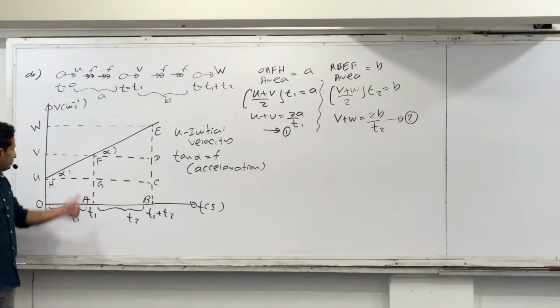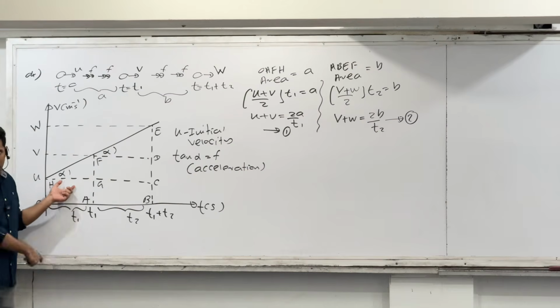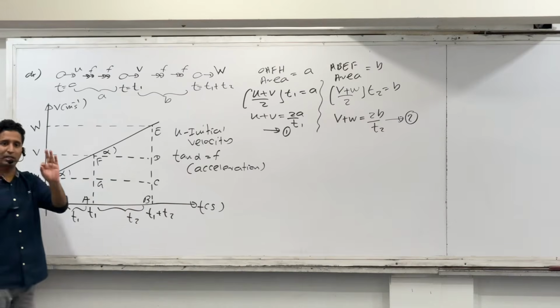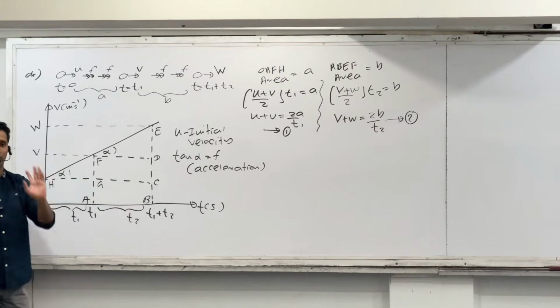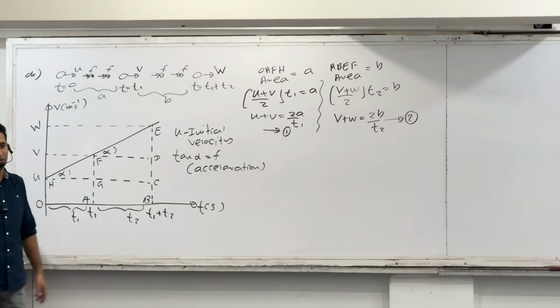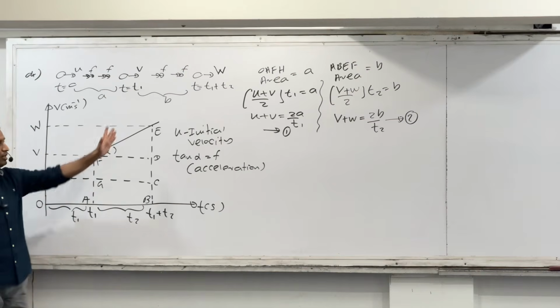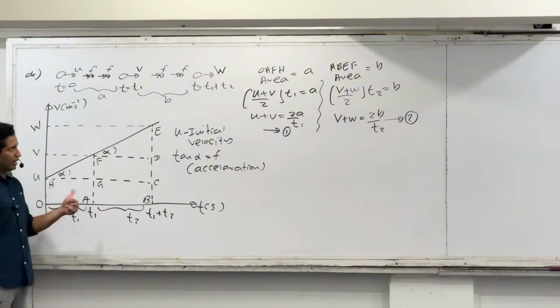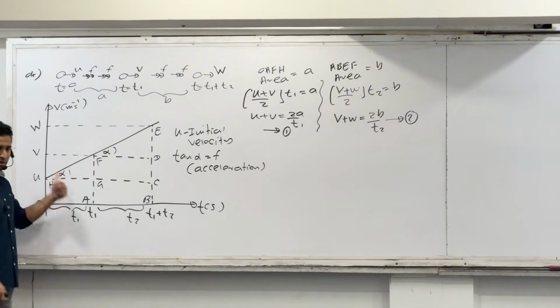Then what is tan alpha? It is v minus u over t1. Look carefully. Sometimes, if you are not getting the final answer, but you are writing something regarding the question in a meaningful way, you will get some marks. The question is more than 50% done actually, with the graph and these two statements.